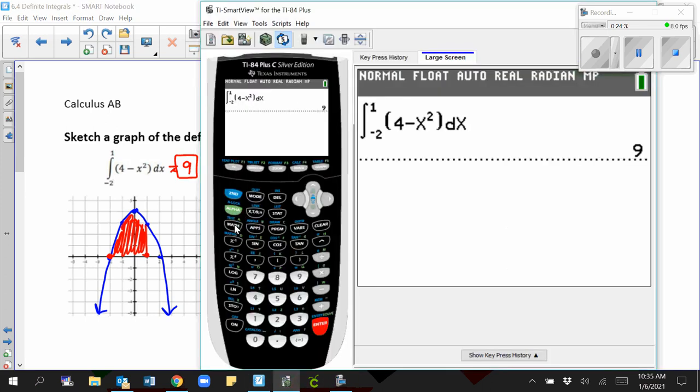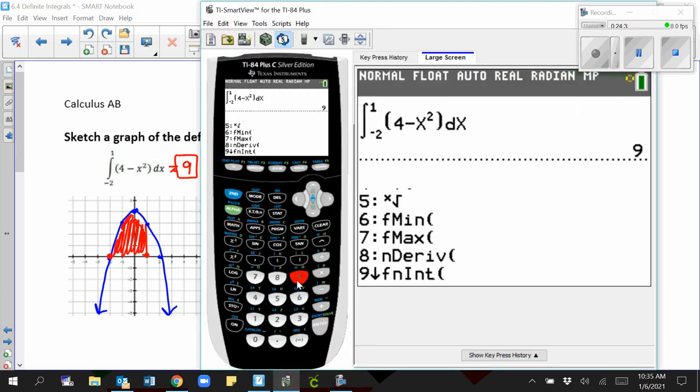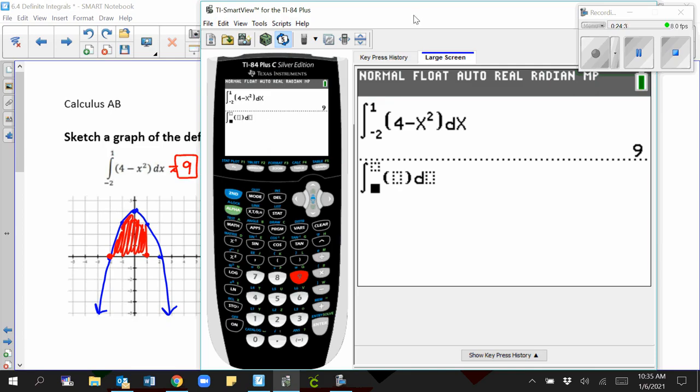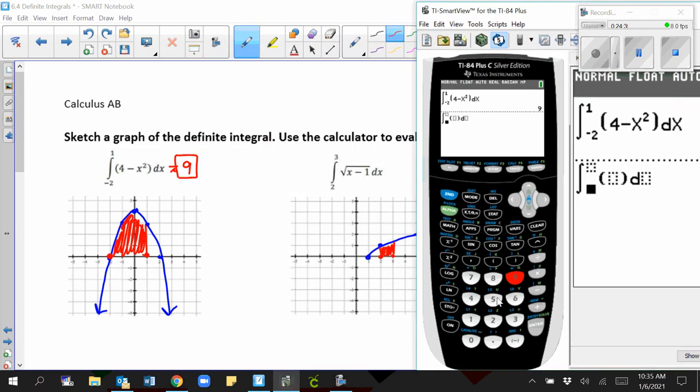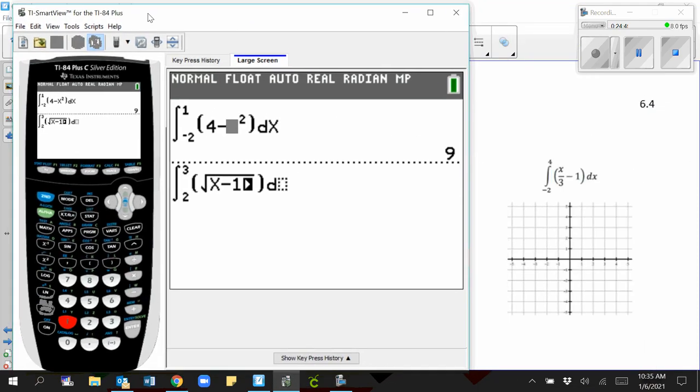So I'm going to do math, and then you also could hit the number 9 instead of scrolling down to 9. And we're going from 2 up to 3, and my function is the square root of x minus 1. So there is my function. I need to scroll over here and put an x after that d for dx, the derivative with respect to x.